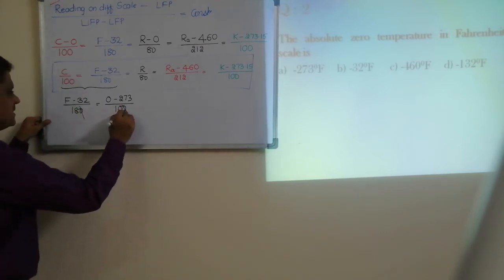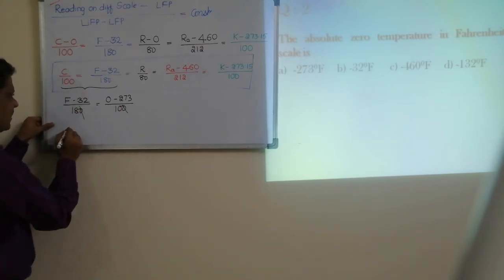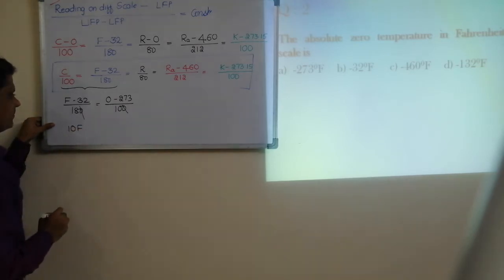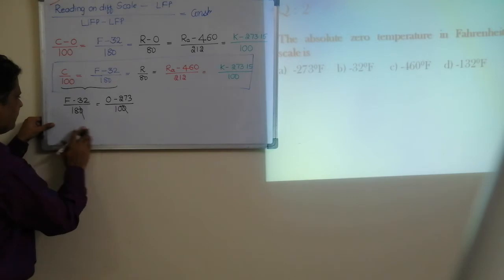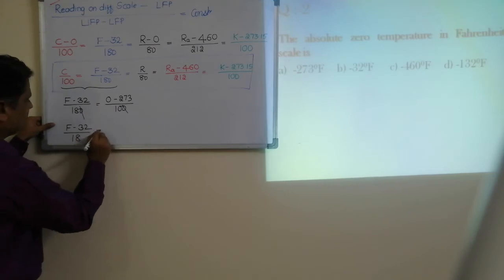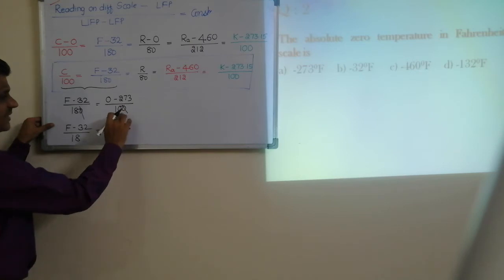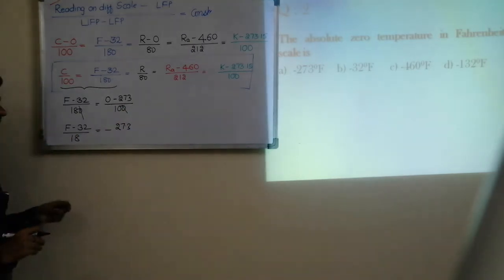Simplify this and this 0, and cross multiply. Or otherwise we'll do one thing. (F minus 32) by 18 is equal to minus 27.3. This 273 by 10 means 27.3.